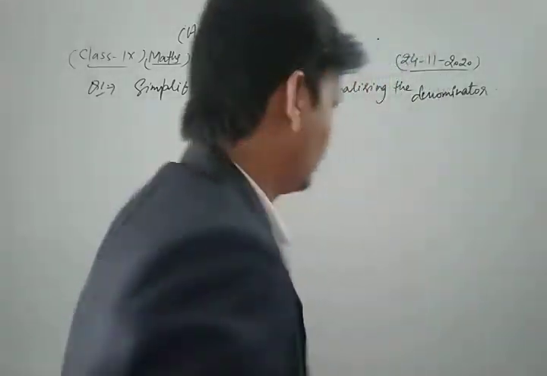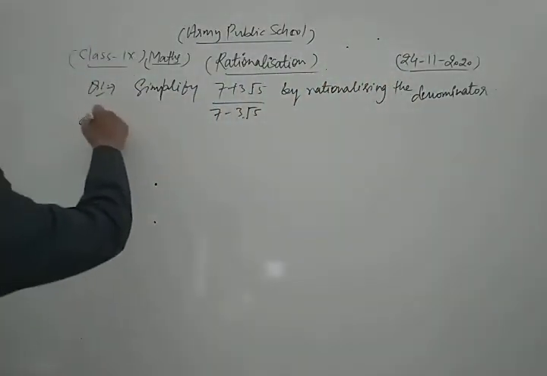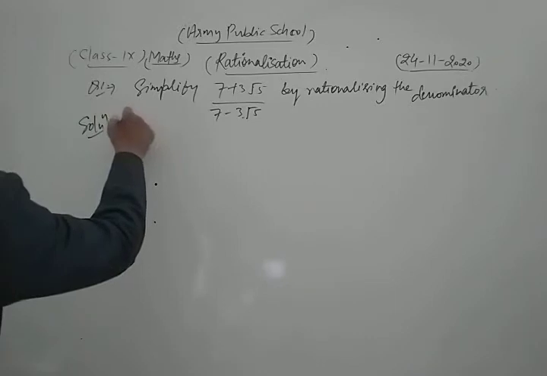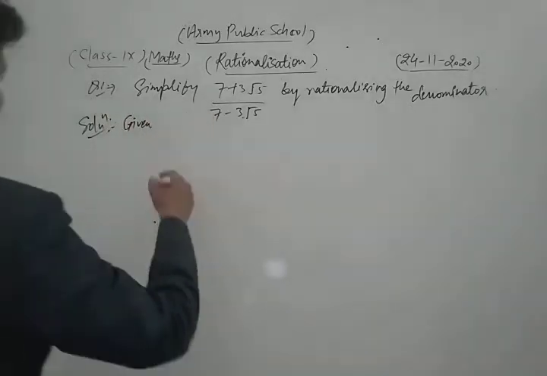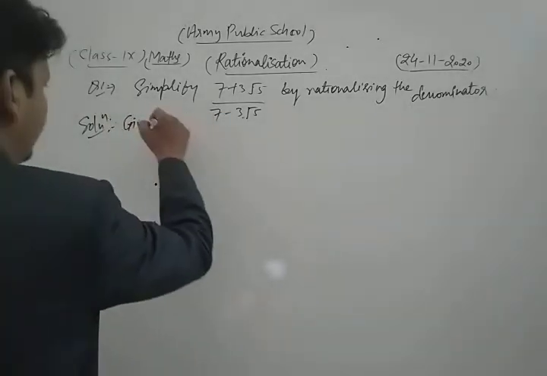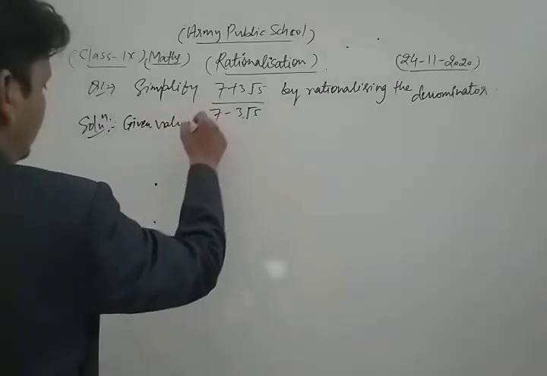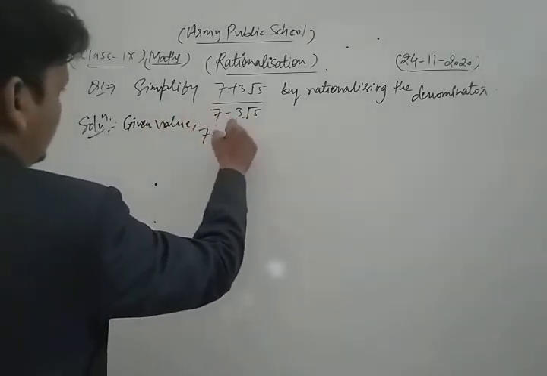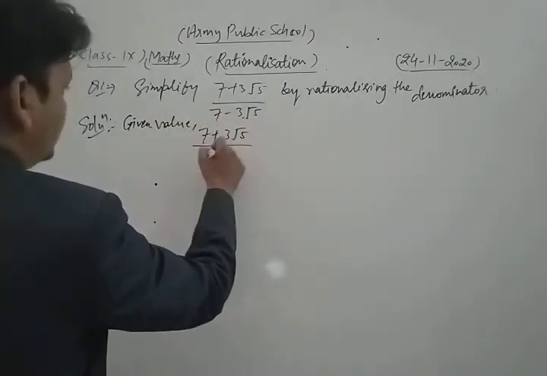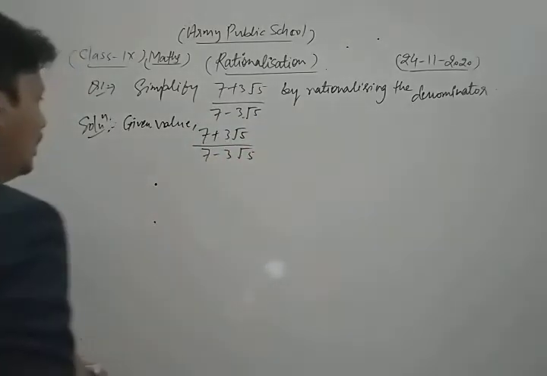So let's see its solution. First of all, we write the given expression. This given value is 7 plus 3 root 5 upon 7 minus 3 root 5.